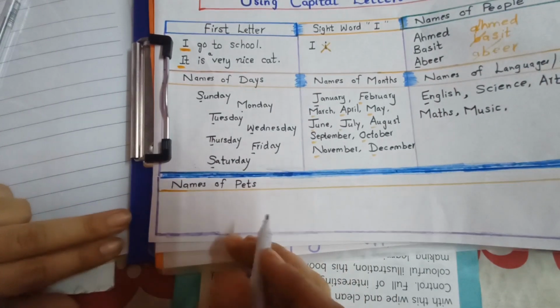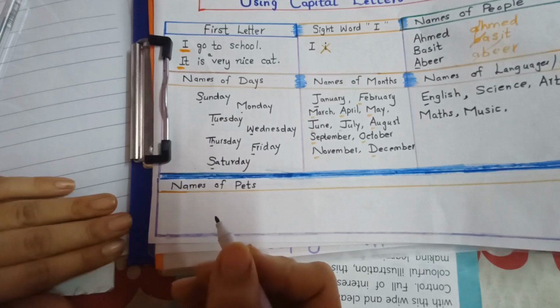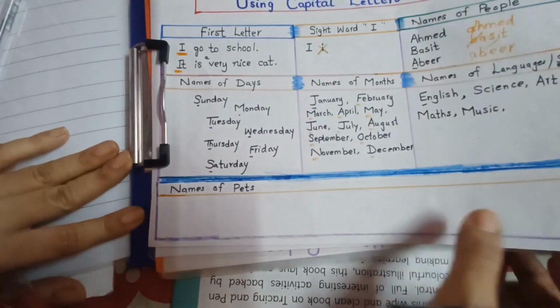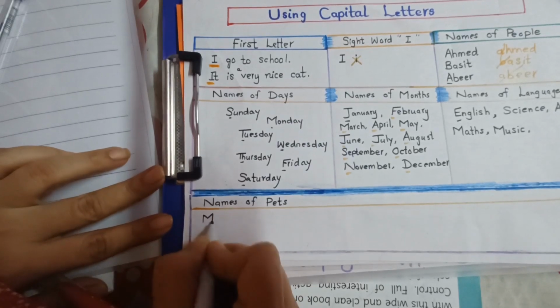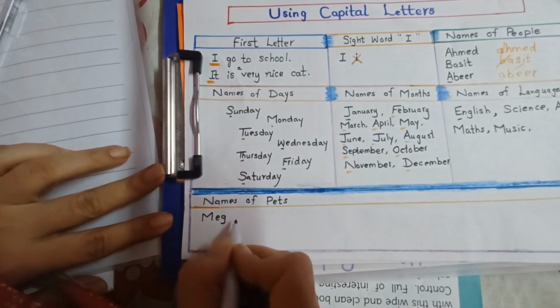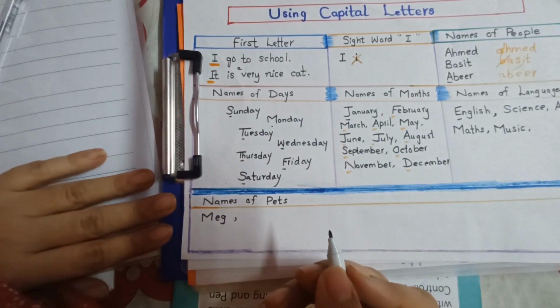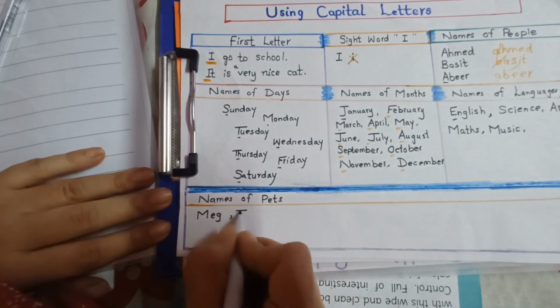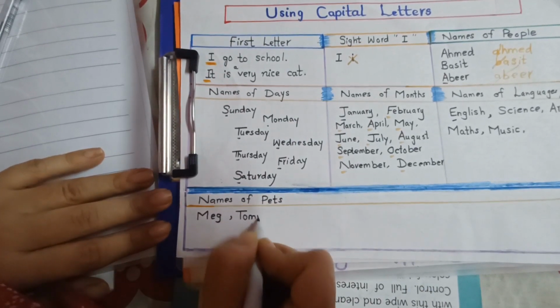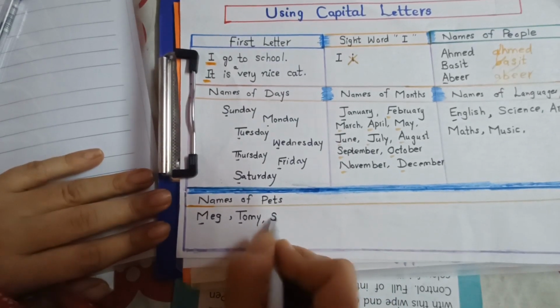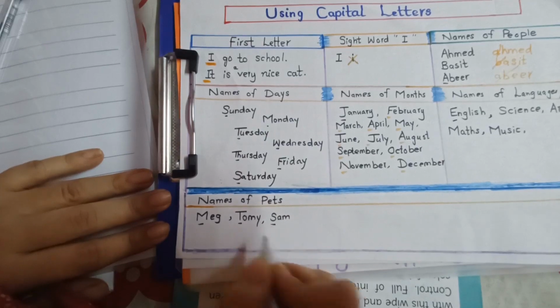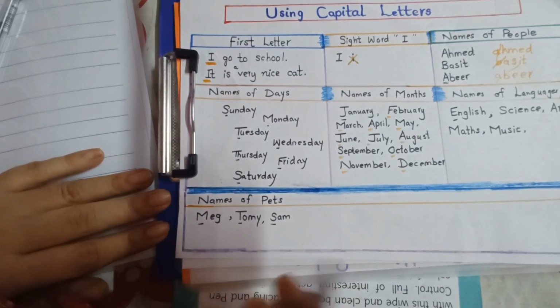Like if you have a cat and you name that cat Meg, so Meg, M should be capital. Or if you have a dog and that dog's name is Tommy, Tommy, T should be capital. Or Sam. Any of your pets' names should be capital.